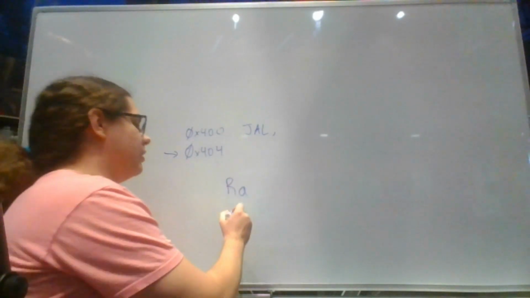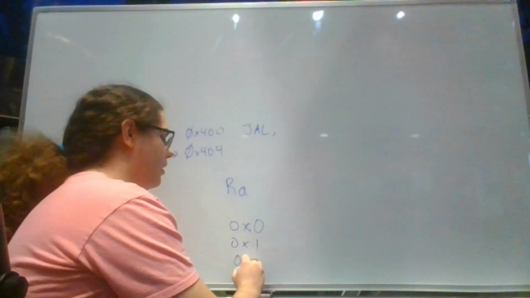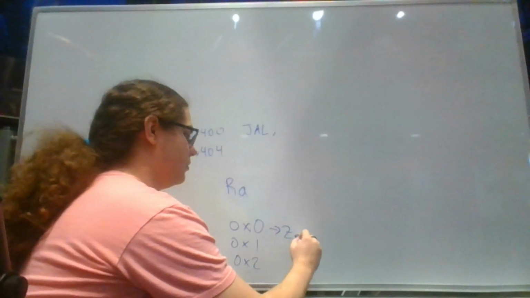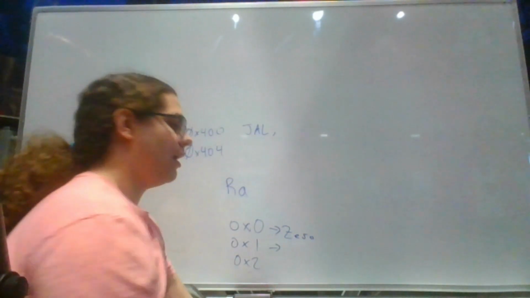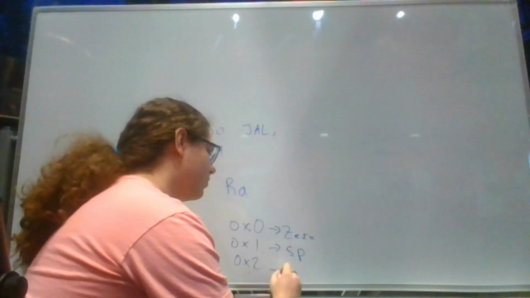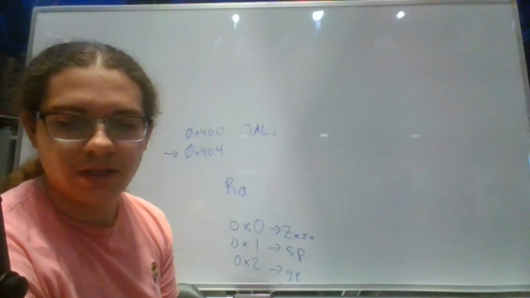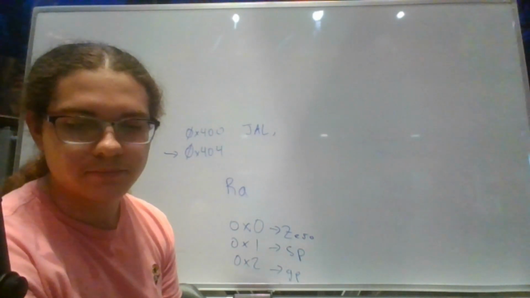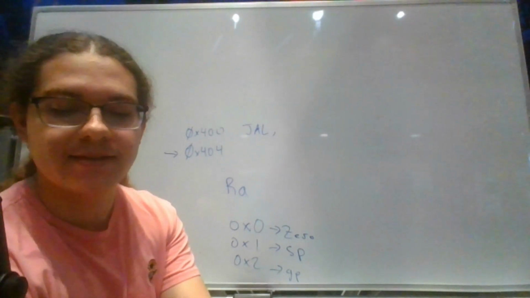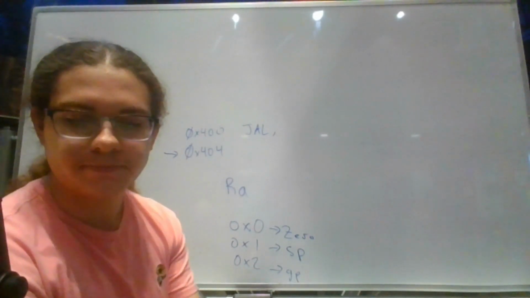When you look at the list, there's hex 0, hex 1, hex 2. We give them names. So, for example, this register is called 0. I think this is the stack pointer and this is the global pointer. I may be mistaken. And one of these is RA, which stands for return address. And so just as a standard, that register is what's used to store your return address.